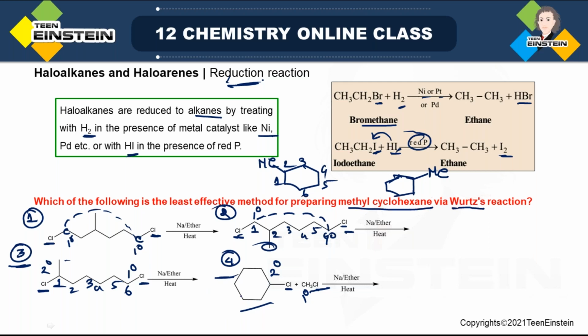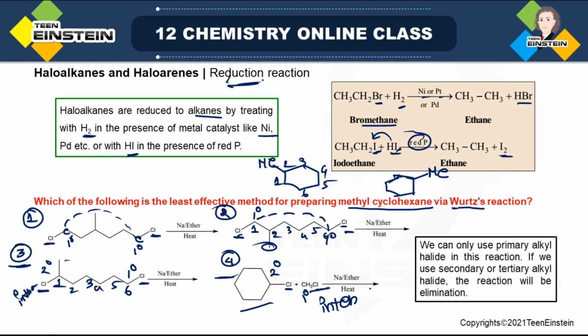But the better case is 3 compared to 4, because in 3 it is intra. Option 4 is not only having a 2 degree carbon, but this is also inter, not intra. So that is why the last one will be the least effective method.